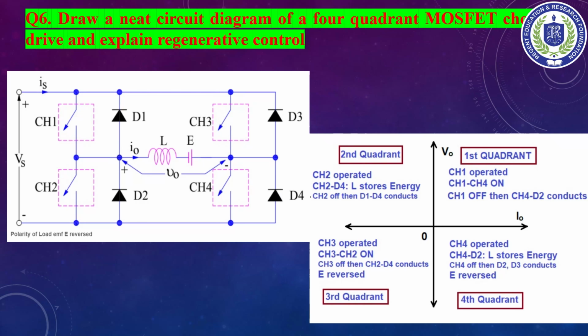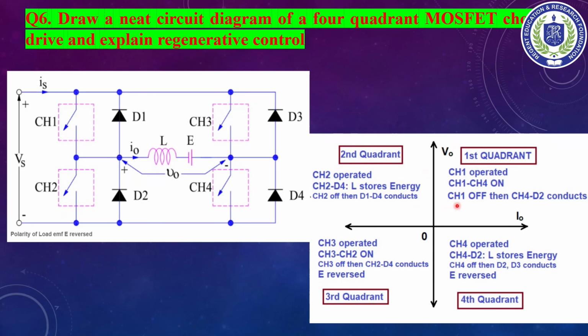So in case of the first quadrant, when CH1 is turned on, the current will flow through CH1, then through the load, then through CH4 and go back to the source.